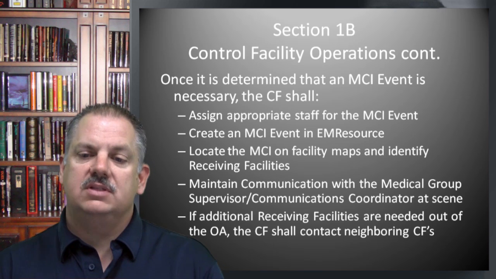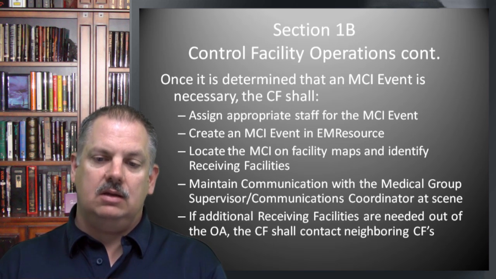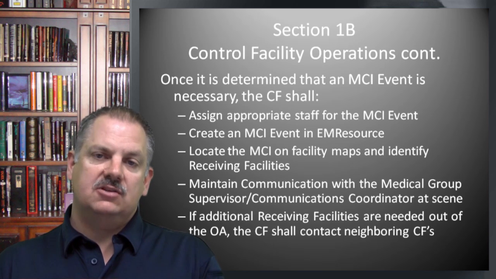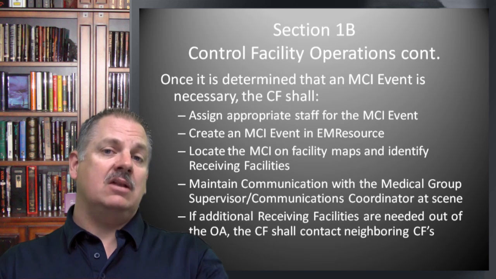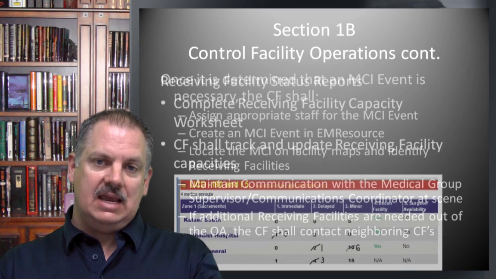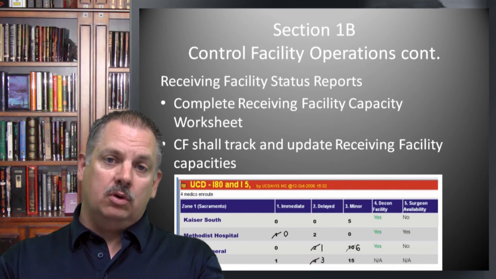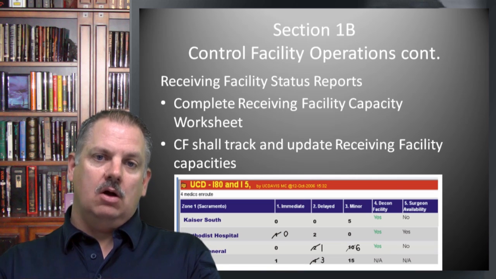When the control facility opens up and they print out the current receiving facility worksheet, this is where they start tracking things on paper. And as the receiving facilities get back to the control facility, they start marking how many patients they can take. Then the math really begins of how many patients are being reported from the scene, and they start marking where they're going to be sending all those patients.